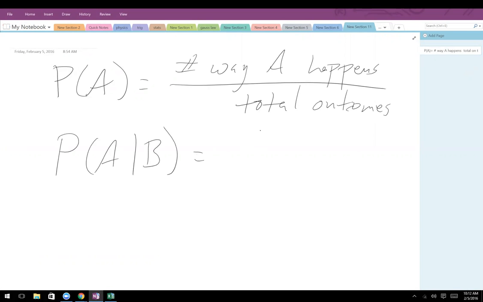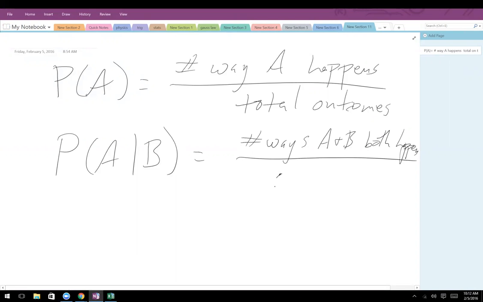This is the number of ways A and B both happen over the ways B happens. So intuitively, we know B happens, and we want to know, if we have that information that B happens, what's the probability that A happens?